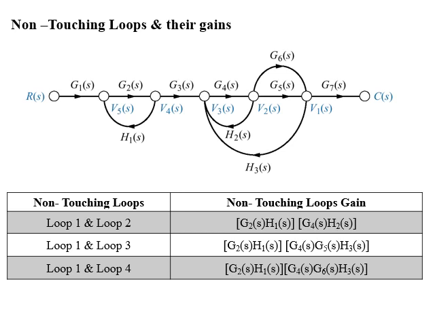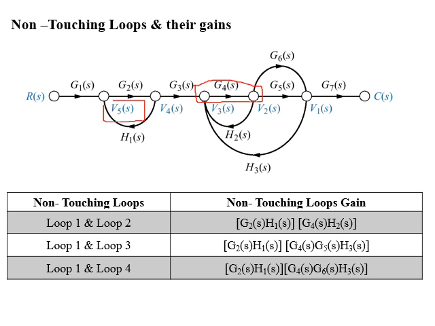If you see the figure, in this system we have a total of 4 loops and 3 of them have a common node, which means that loop 2, loop 3 and loop 4 are sharing a node, whereas loop 1 doesn't share any node with loop 2, loop 3 or loop 4.